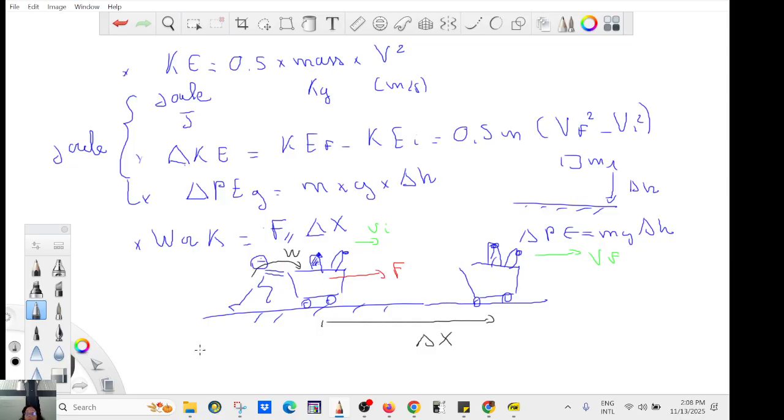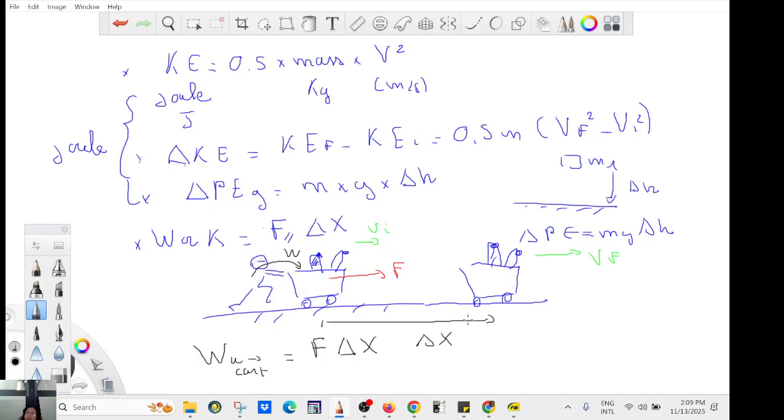So the simple equation: the work done by you on the cart will be equal to the force applied times the distance. It's a distance, right? You don't have to go along a straight line. Here I just simplify, I go along a straight line, but it doesn't have to be the case.